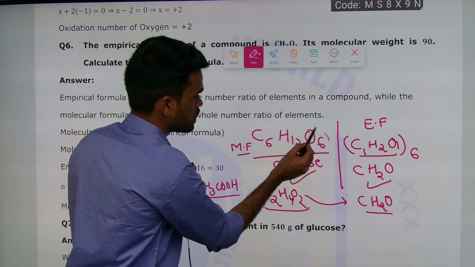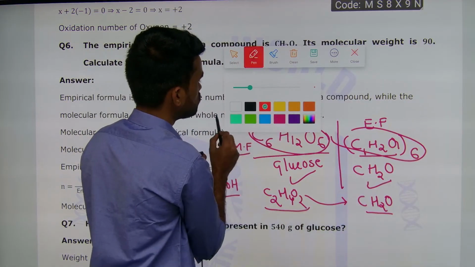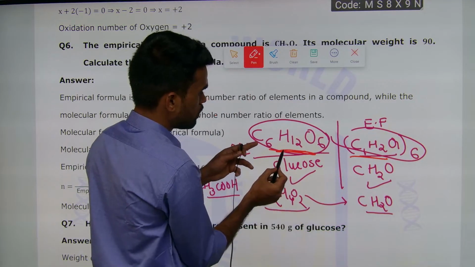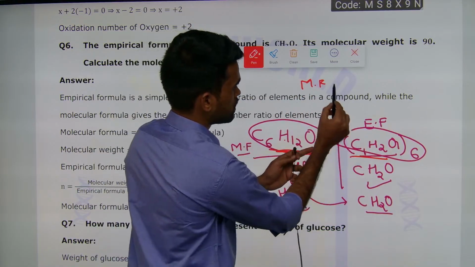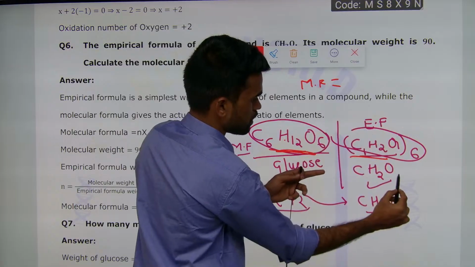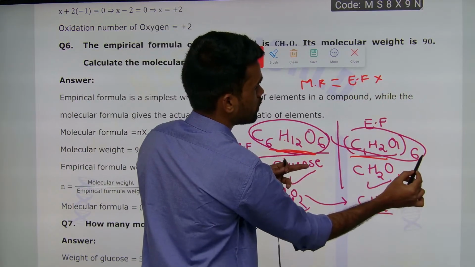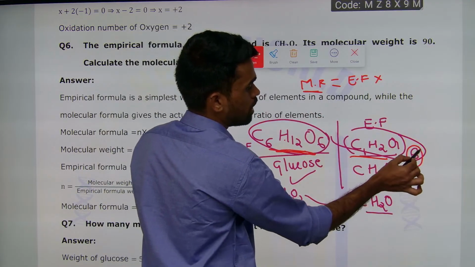Okay, so what is the relation between empirical formula and molecular formula? See, if you observe this glucose here and here, what are you getting from these two observations? The molecular formula equals this empirical formula into 6 times, and I will get the molecular formula of glucose. So we will get a whole number like this here.